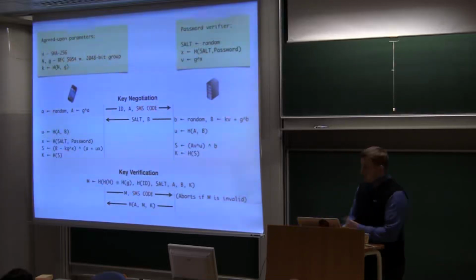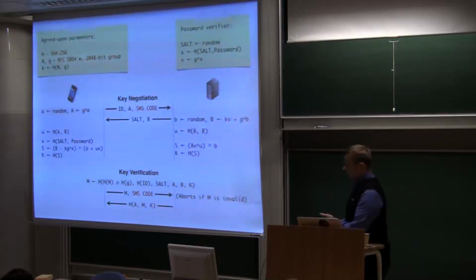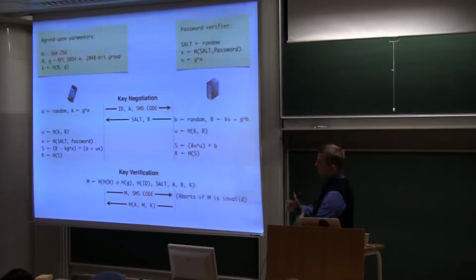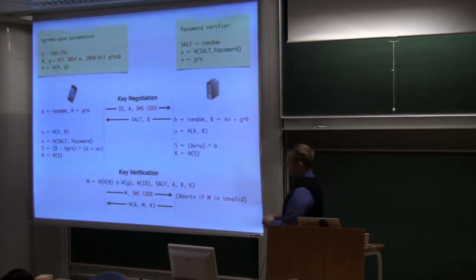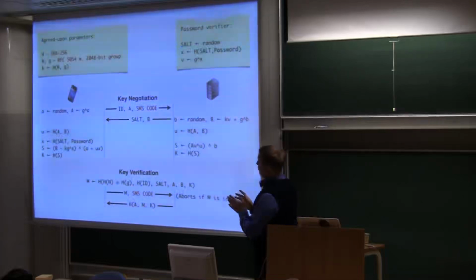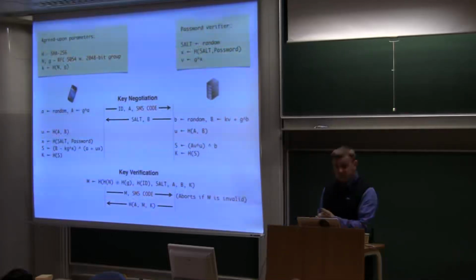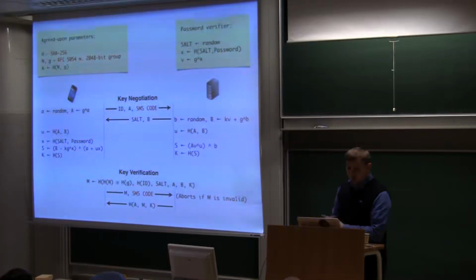Escrow proxy implements very standard SRP. It's very much by the book. You can open the specification and see that everything is exactly as written there. There are only a few minor changes. First of all, the hash function is SHA-256.